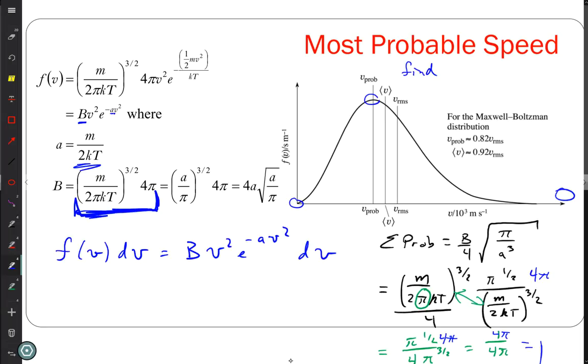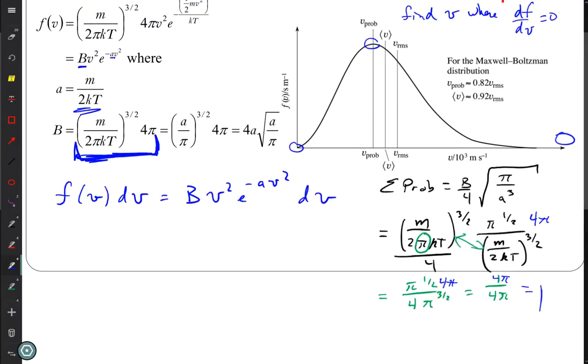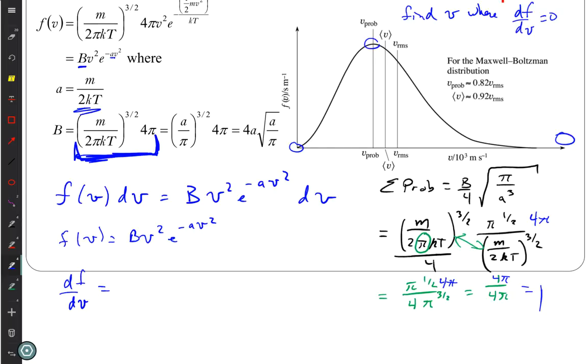So I'm going to find V where df dv equals 0. So just looking at the left side here, df dv, what rule do I have to use to take this derivative? I heard somebody say the product rule.